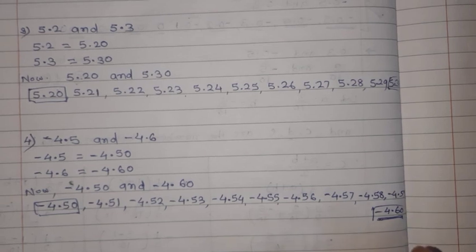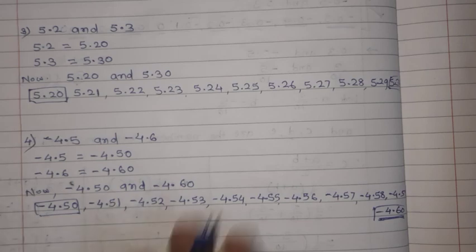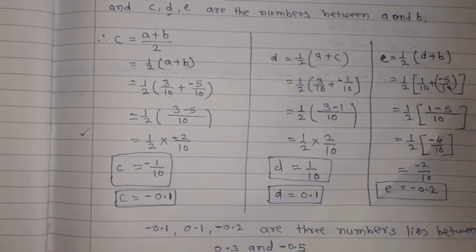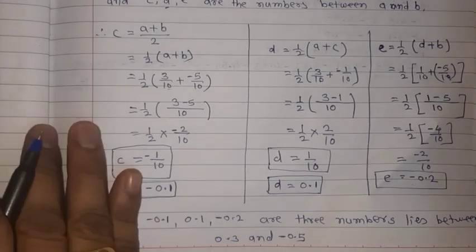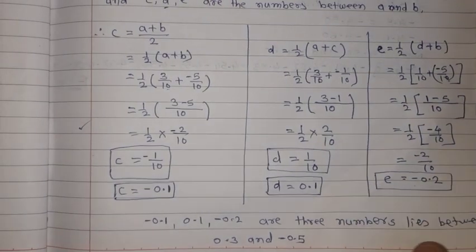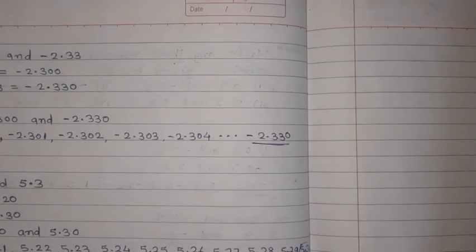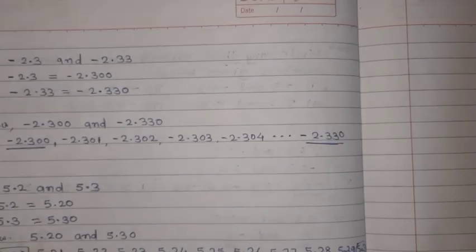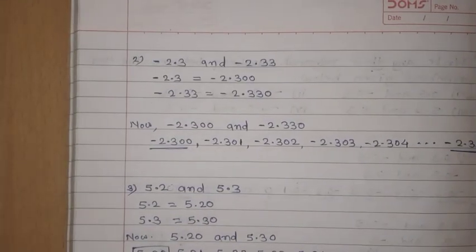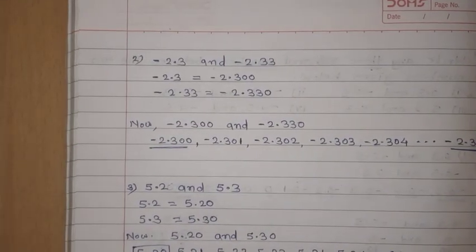Dear student, you can use this method, or this method also you can use while solving the sums. Try to understand this, write down all these sums in your notebook, and solve the similar sums which are present in problem set 2.